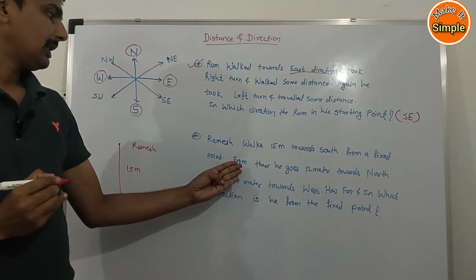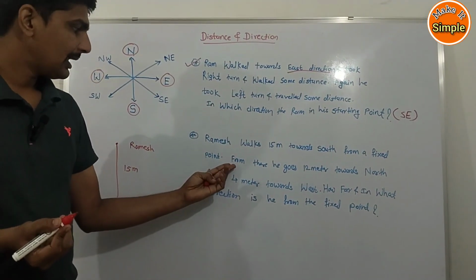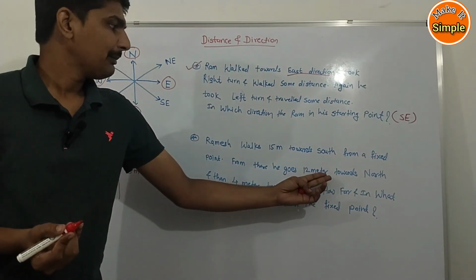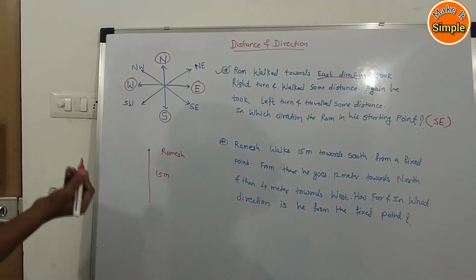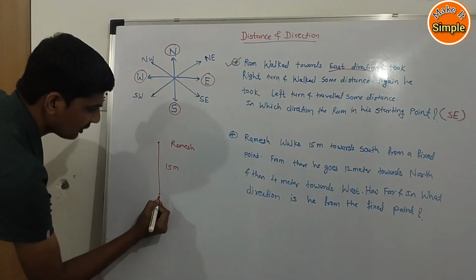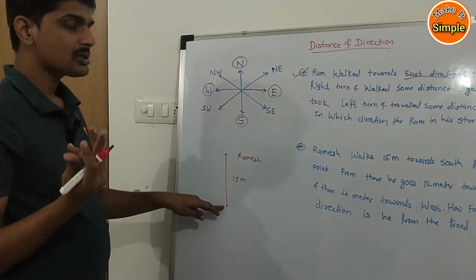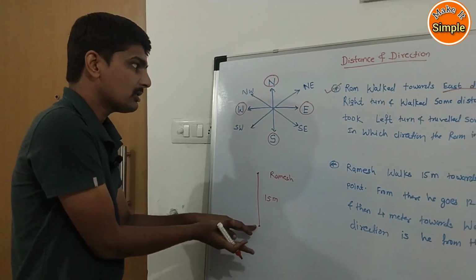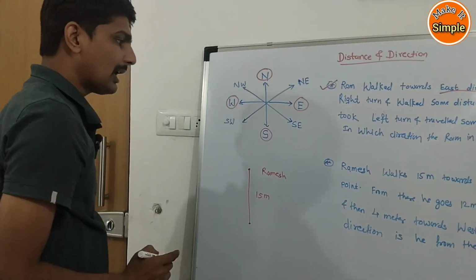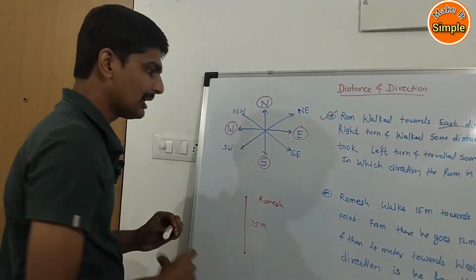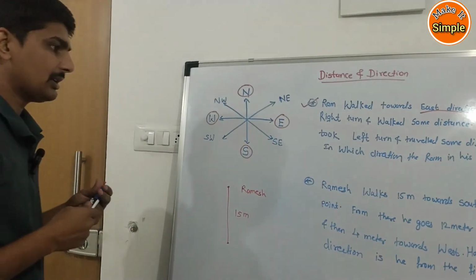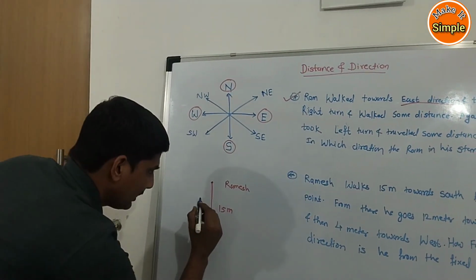From there, in the next statement, they have said he goes 12 meters towards the north. North is the upward direction. So he has traveled 12 meters towards the north. I will mark it with another pen.